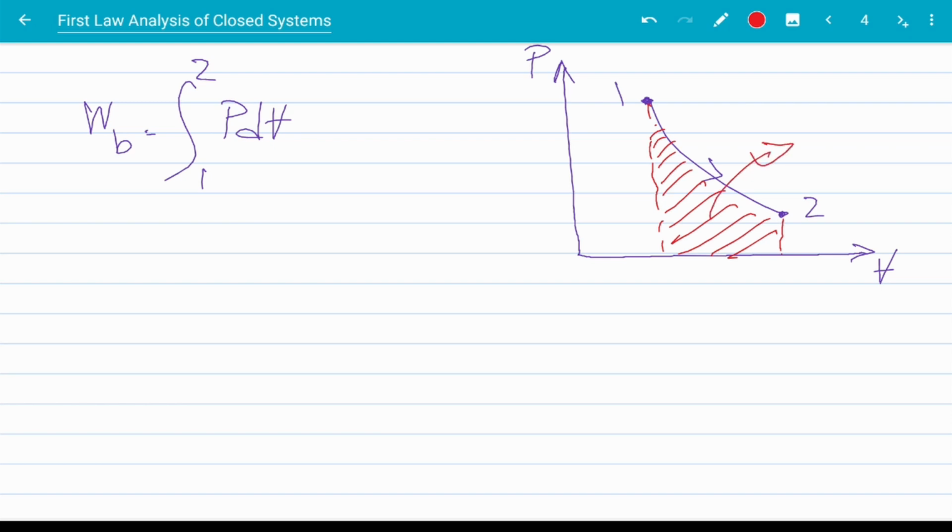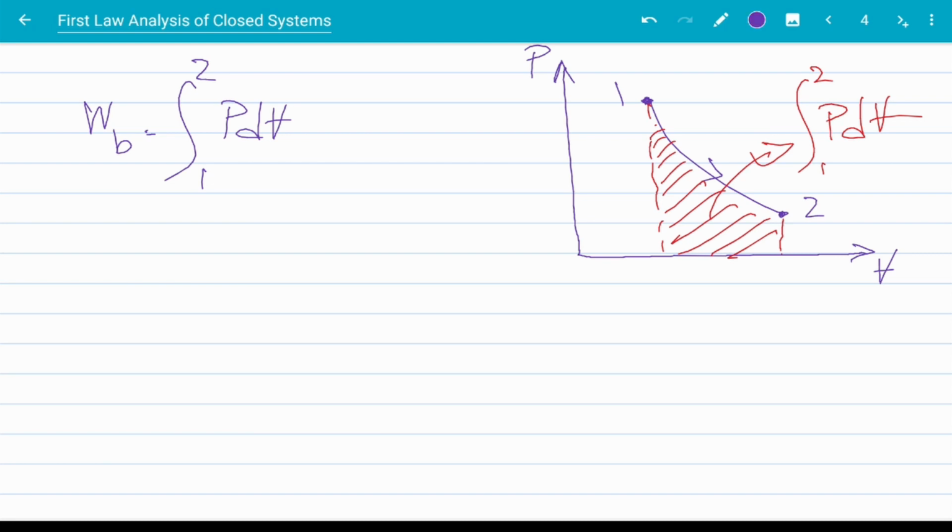Because this red area is actually the integral of P dV. This is actually very helpful because sometimes in problems we deal with processes that are very straightforward, and we can calculate the area underneath the curve rather easily.